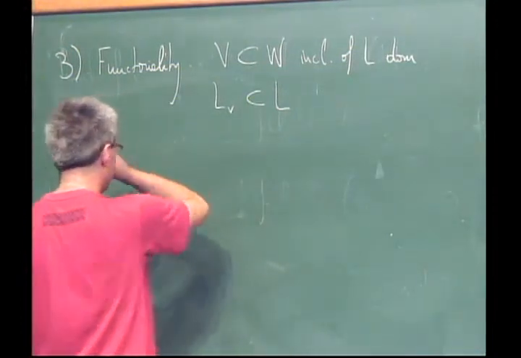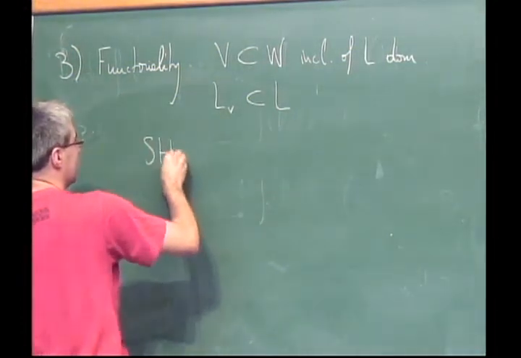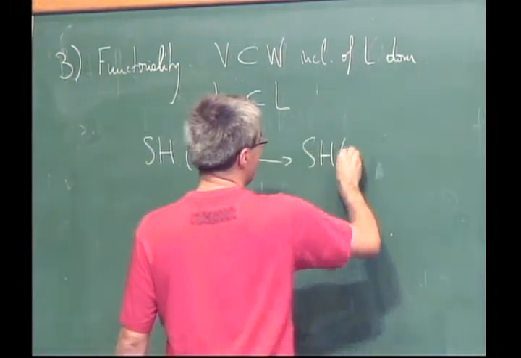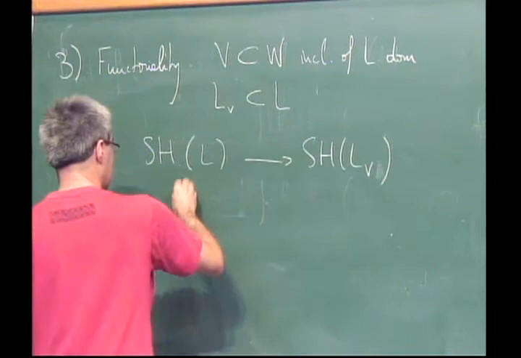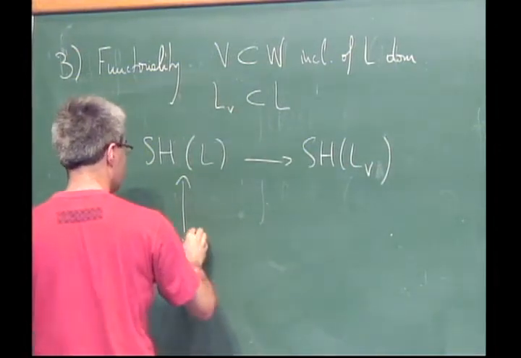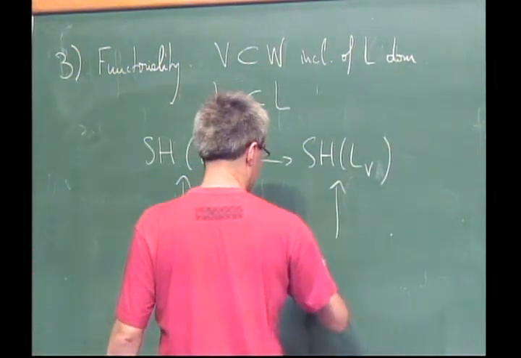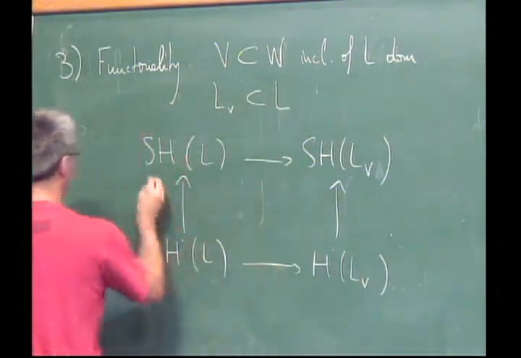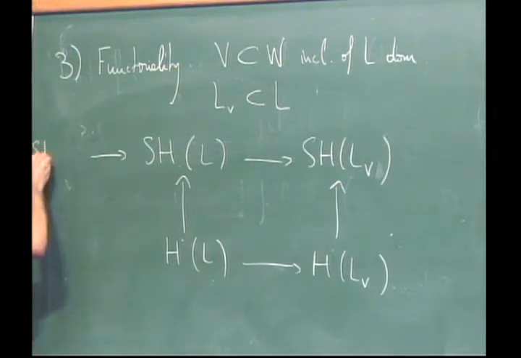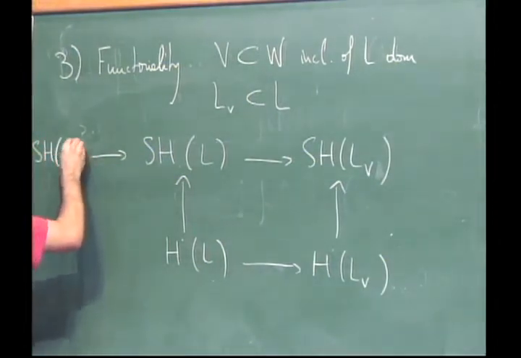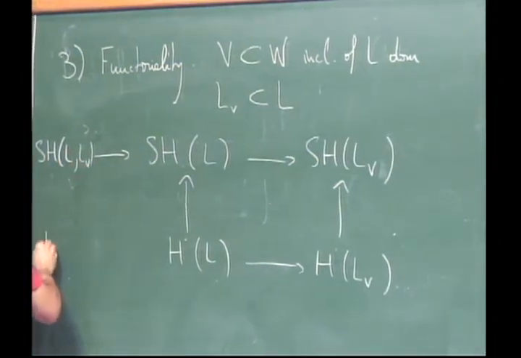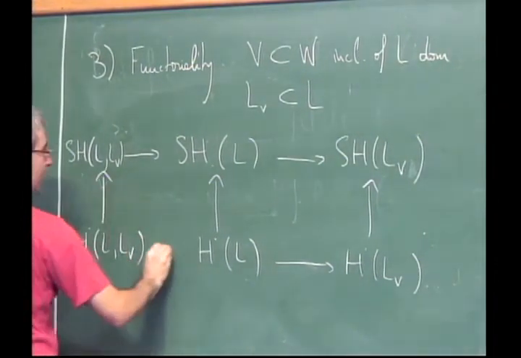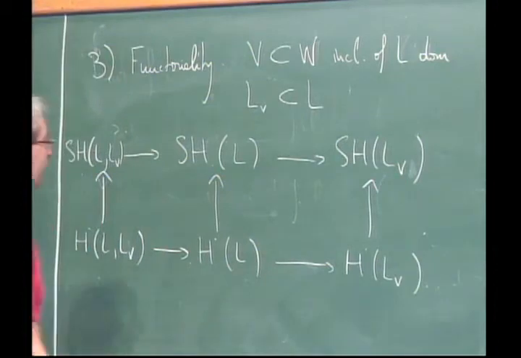Then you have such a map from L, the bigger one, to LV. And we can even complete it to some relative homology group. It's a completely analogous story.